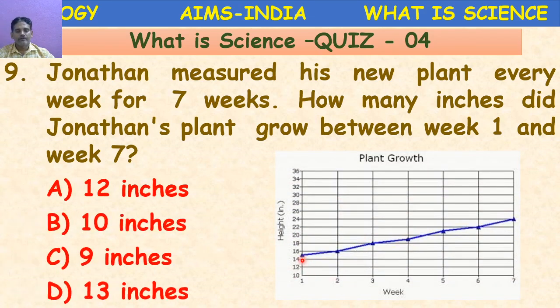This is week 1, 2, 3, 4 up to 7. So how many inches did the plant grow? These are inches, 10 to 36. So by the 7th week, how many inches do you have to compare?